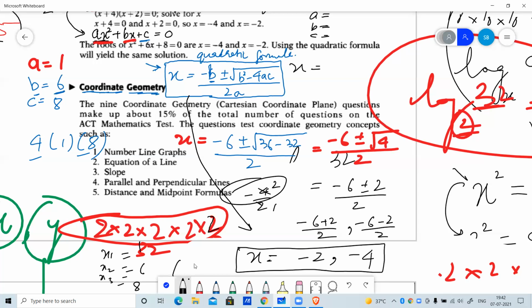And when you hit enter, you will get the value of x as -2, -4 in a few seconds. No need to do this type of simplification. Try to understand how to solve that by using this TI-83.